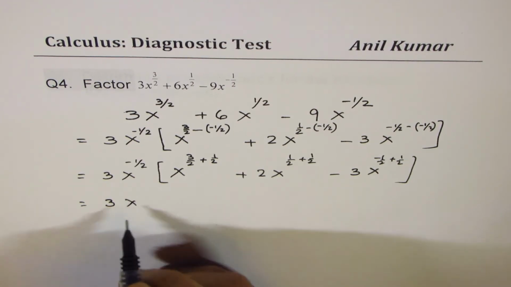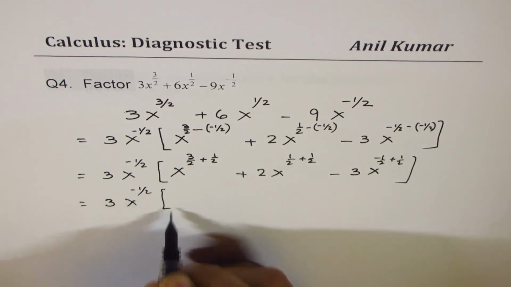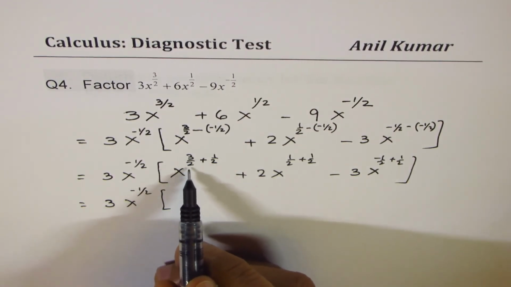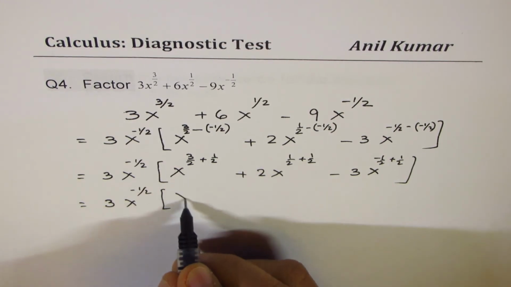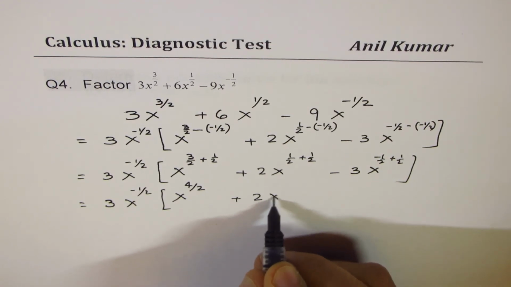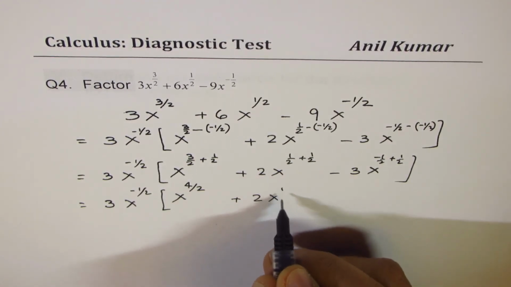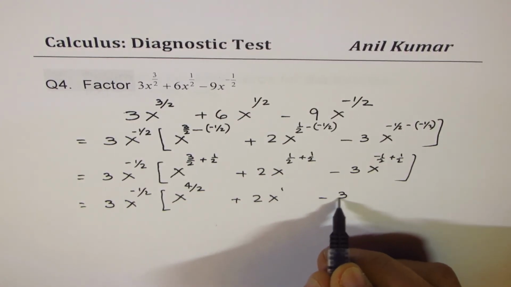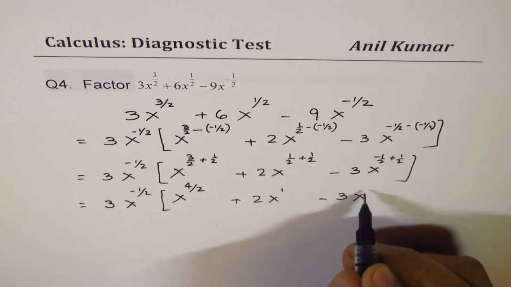So we get 3 x to the power of minus half. Now, 3 by 2 plus half is 4 by 2, so x to the power of 4 by 2, plus 2 times x to the power of half plus half is just 1, minus 3 x to the power of minus half plus half is 0.